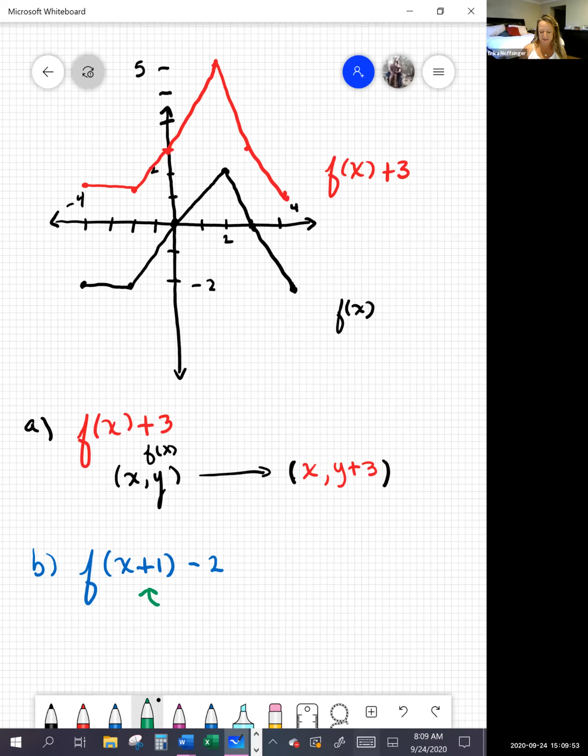Think about what you would have to do to get x by itself in here. You'd have to subtract 1. So that's what we're going to do: shift x to the left 1. And then the -2 shifts it down 2.